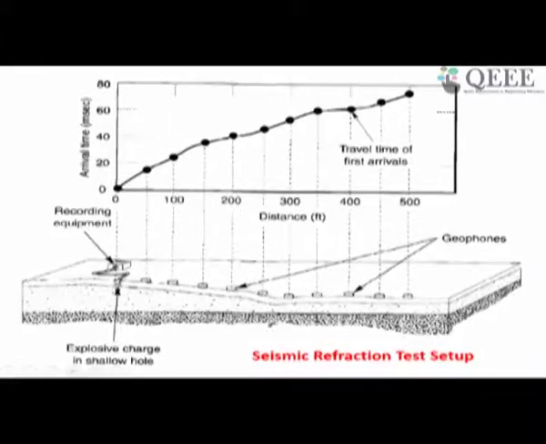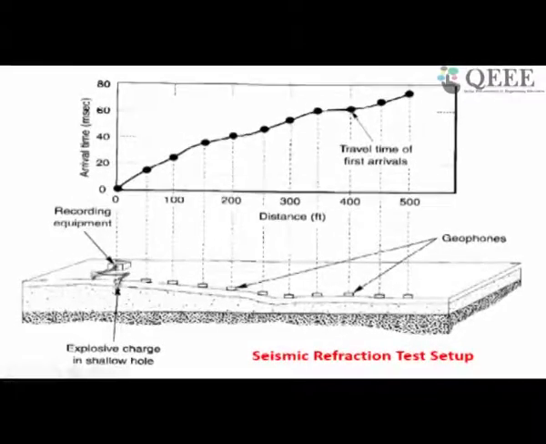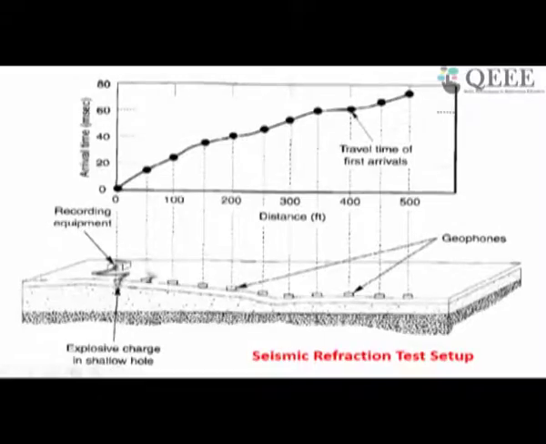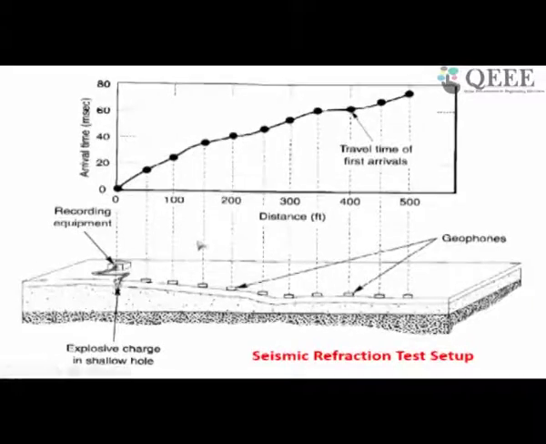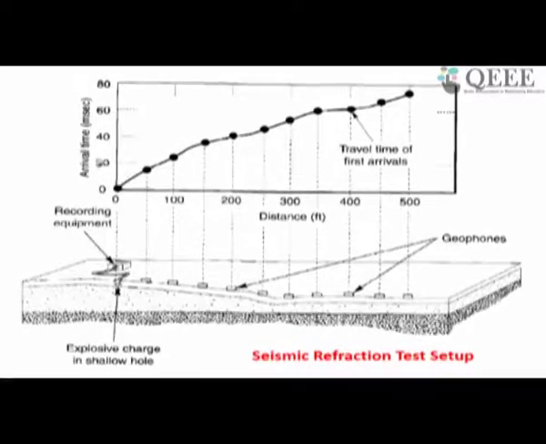When you generate some waves, the different geophones will receive the signals at different times. The time will be in milliseconds, even less than that. So that millisecond difference will be recorded, and that will be helpful to characterize the ground.